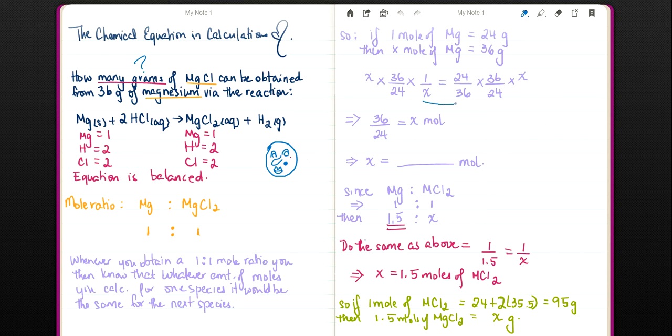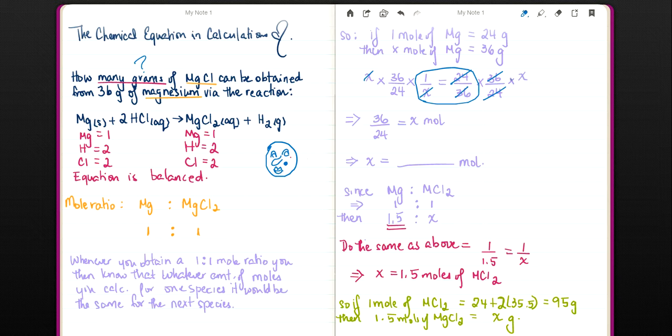So this would be what you write first. And then to get your whole thing to equal x, you multiply by 36 to get rid of 36. You do the same thing on this side: you divide by 24 to get rid of 24, and you multiply by x to get x up here, whereas you multiply by x to get rid of x on your left hand side.